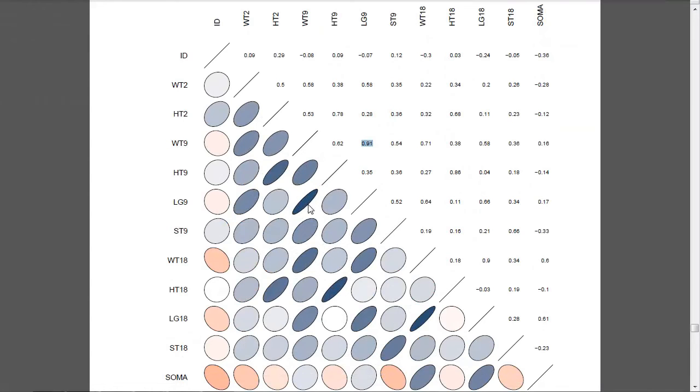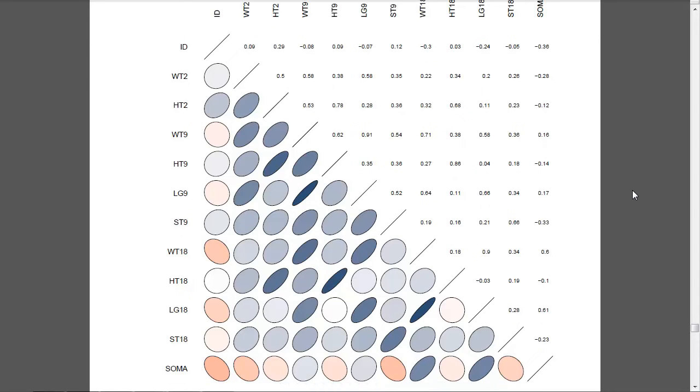And the third encoding is the color. Blue here is a positive correlation, whereas the reds indicate a negative correlation. So we've overdone it here in terms of plotting and encoding our data, but it gives us a very quick way of looking at which variables are highly correlated and which are not.